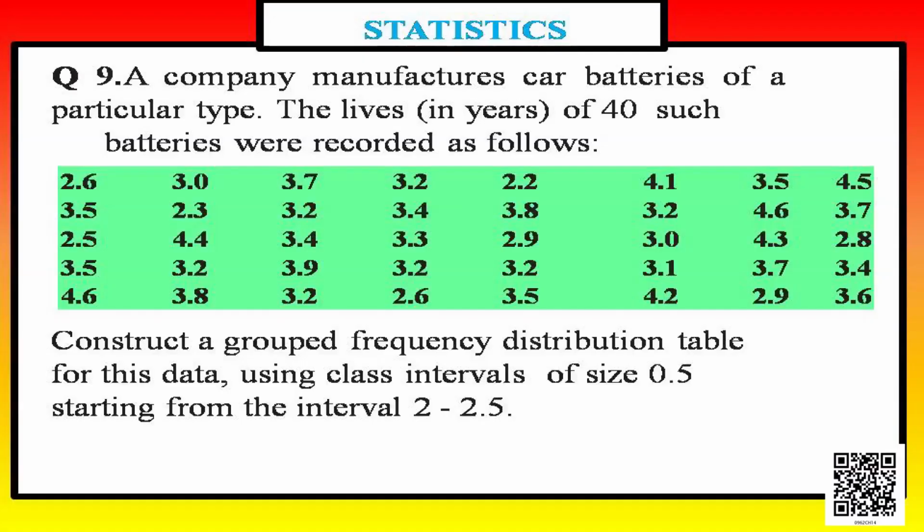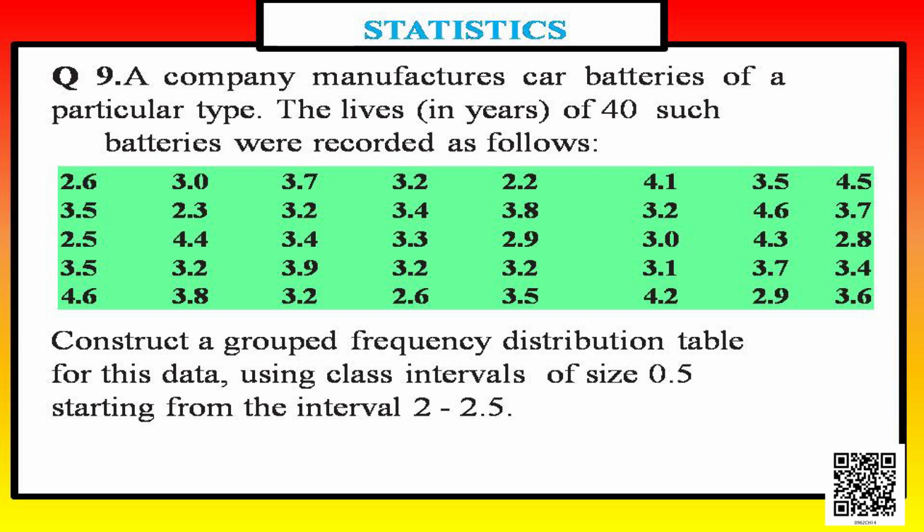Now we come to the last question of our exercise 14.2, number 9. This question says a company manufactures car batteries of a particular type and the lives of 40 such batteries were recorded as follows.